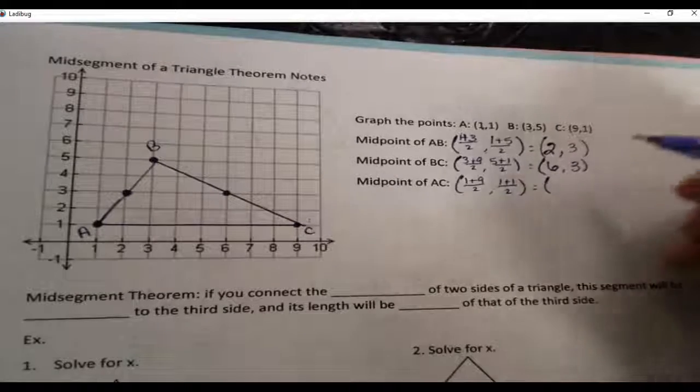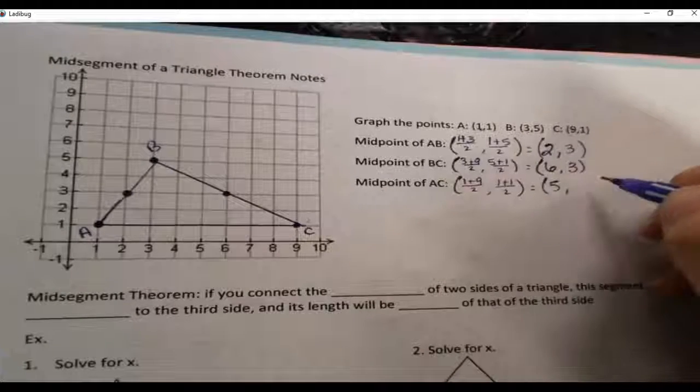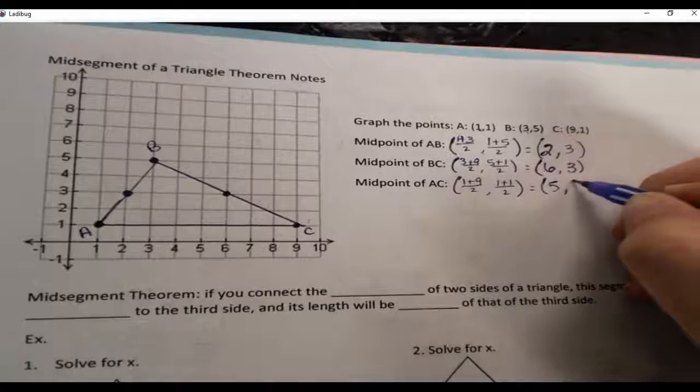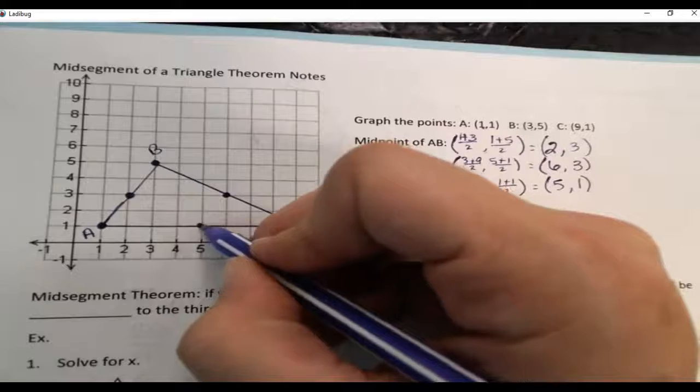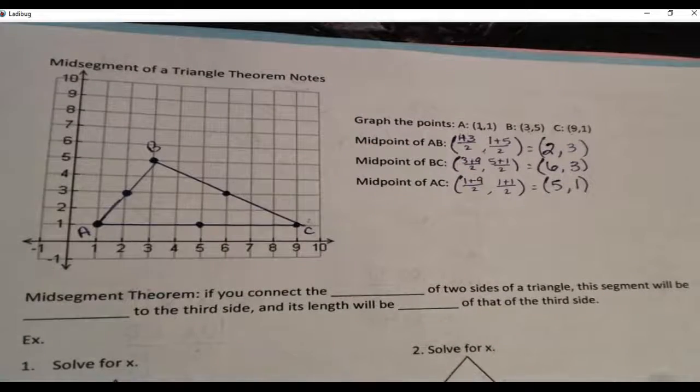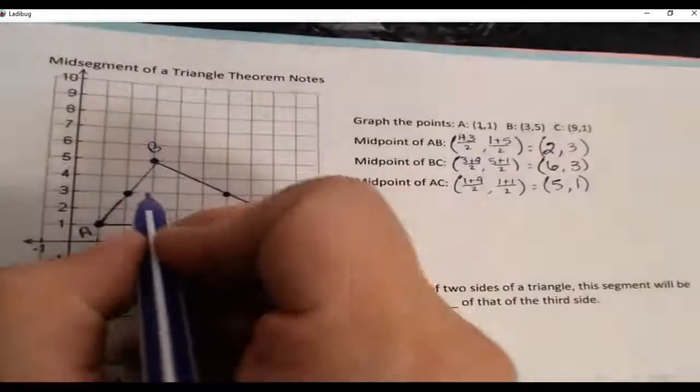So 1 plus 9 gives us 10, divided by 2 is 5, and then 1 plus 1 is 2, divided by 2 is 1. So (5, 1). Questions finding those? Alright, and then we can connect them.